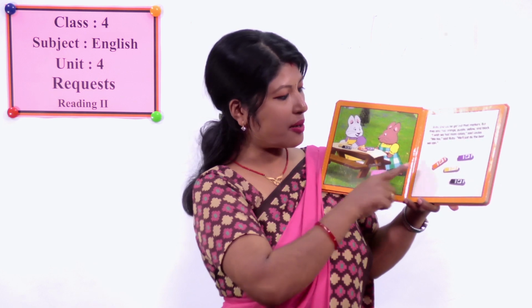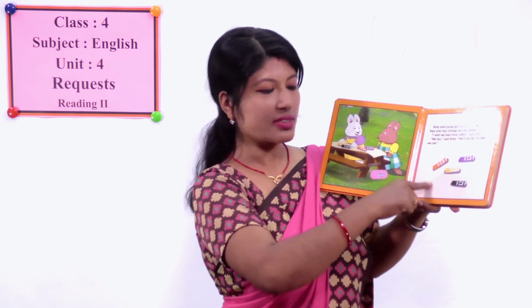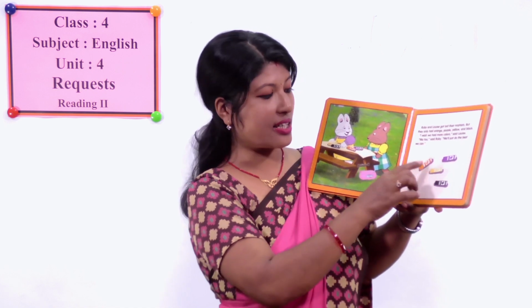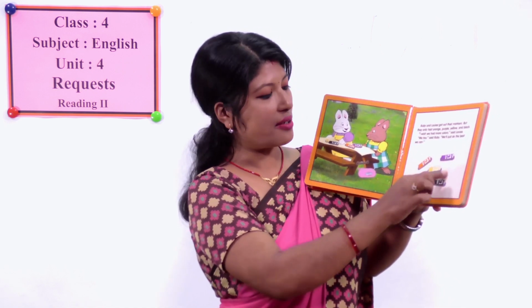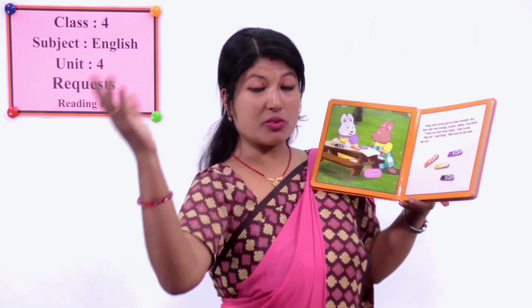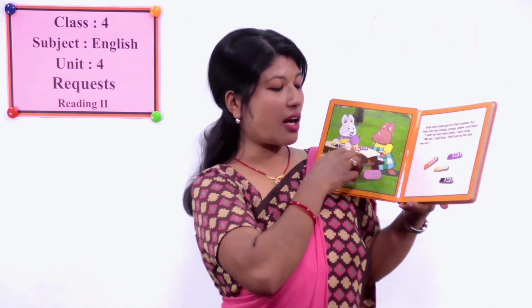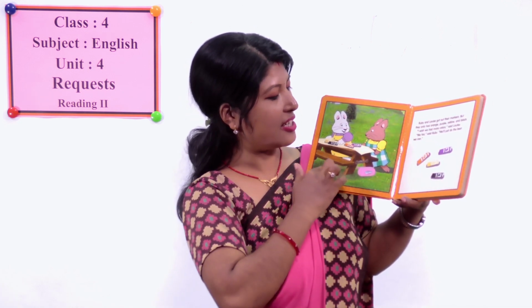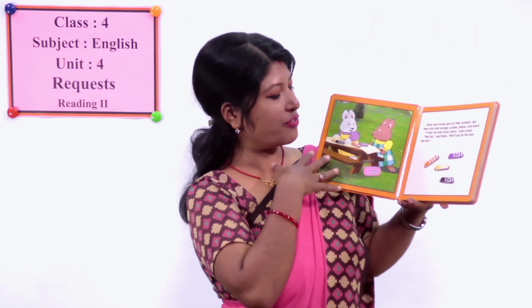What are these? Crayons. What is a crayon? Colors, right? Crayon colors. They are making something on the paper, maybe drawing pictures and coloring on a fine day on the green ground.